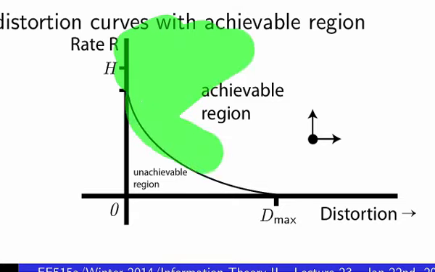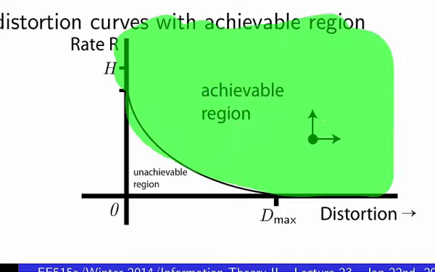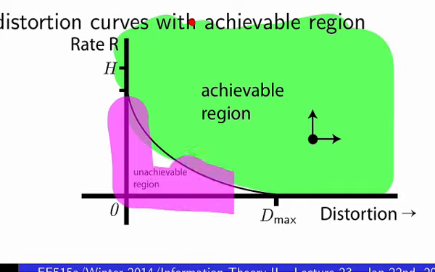This region here that I'm highlighting in green is the achievable region, meaning that a pair consisting of a rate, we're talking really about compression now, so a rate of compression and a given distortion, is possible to achieve, whereas anything below this down here is not possible to achieve. That's the unachievable region.